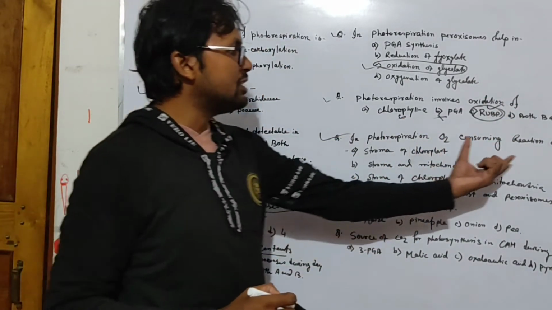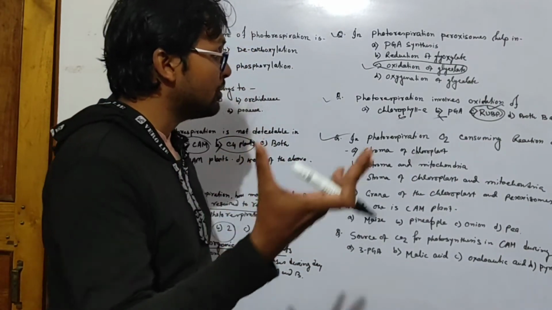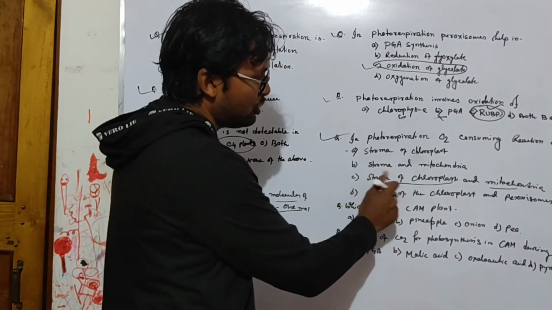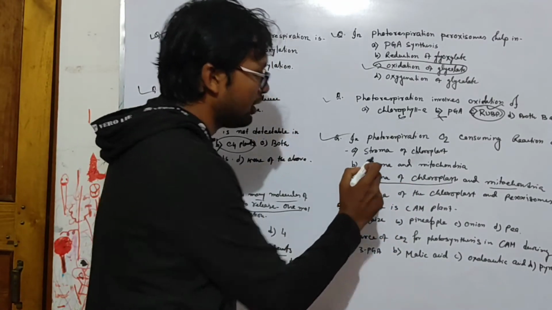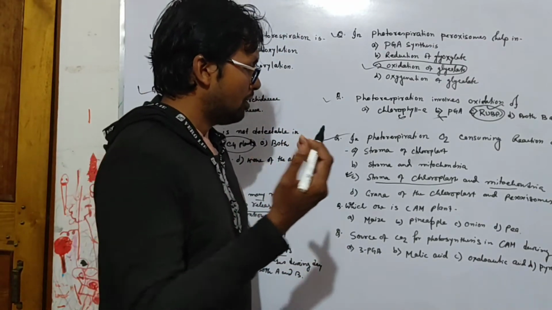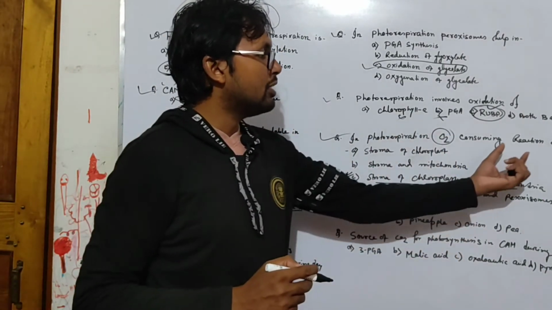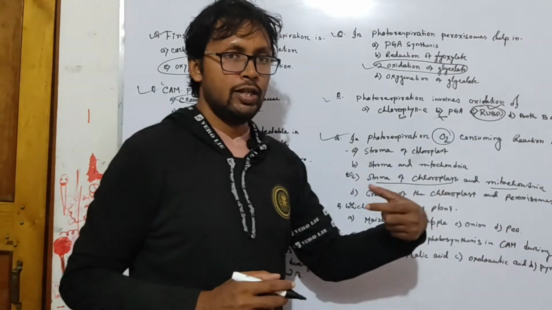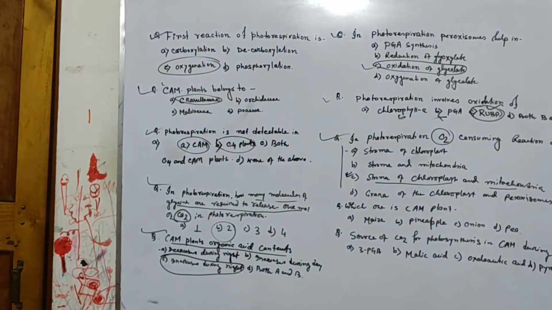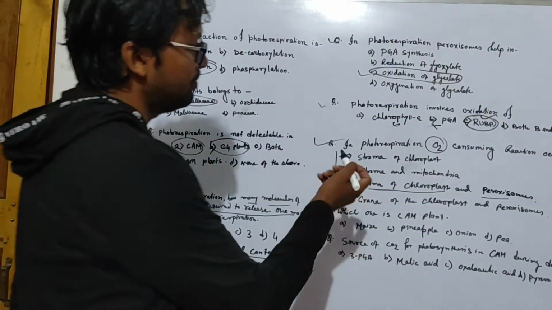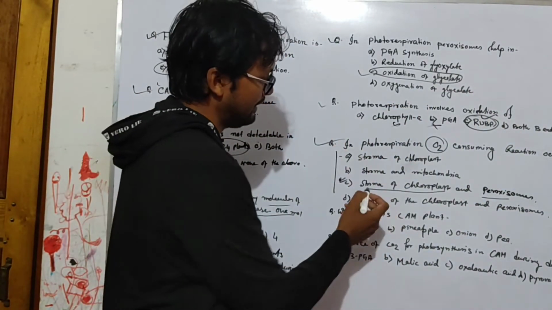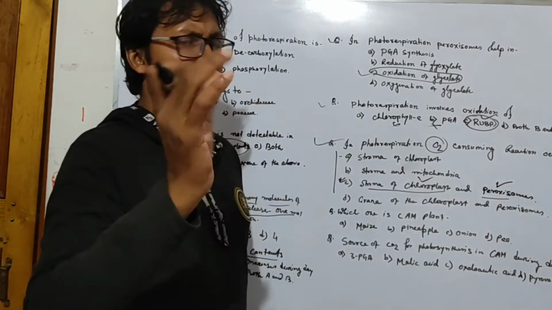Now the photorespiration oxygen consumption reaction occurs where? In photorespiration, the oxygen consumption reaction mainly occurs in the stroma of the chloroplast and the peroxisome, in two steps.